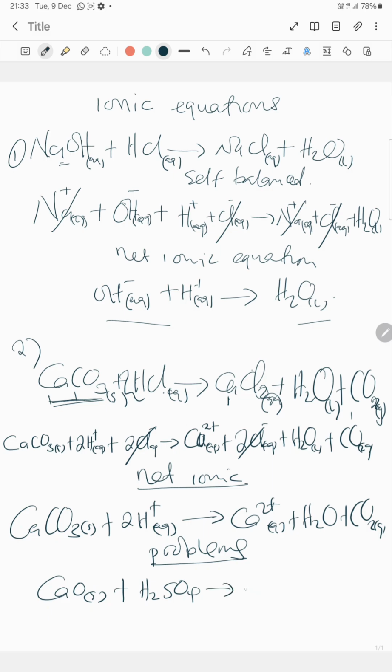It's going to give us calcium sulfate, CaSO4. I'll put aqueous because it's slightly soluble, then plus H2O. That's the work that you need to solve. So that's about ionic equations for today.